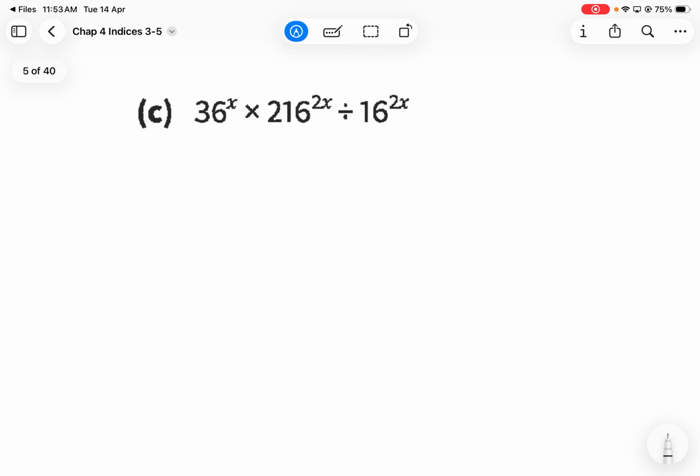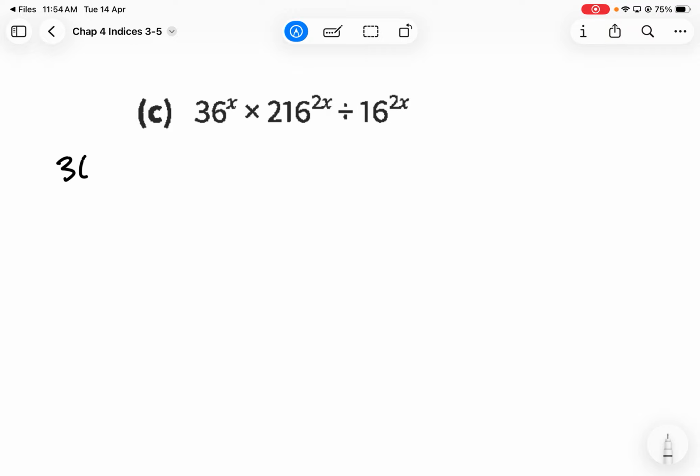Okay. So actually just now we have done a few times. When the numbers are different, we try to make all the base the same. So 36, I know straight away you can think of 6 times 6. But then 6 times 6 doesn't mean that the other numbers can also have base 6. So we try to all go to prime factors.